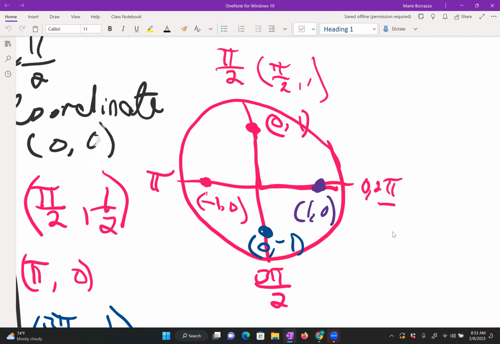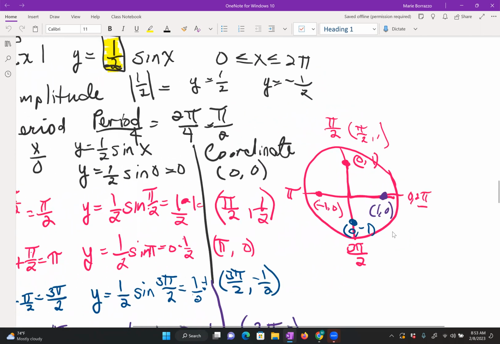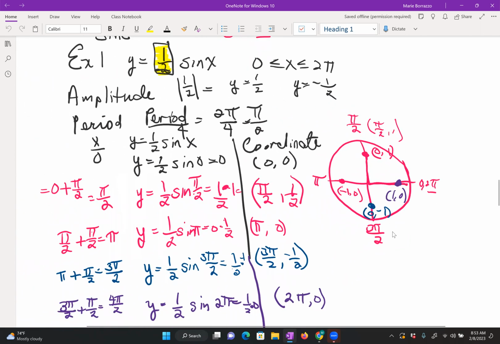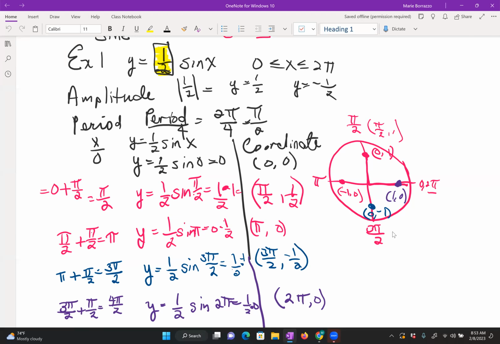So what I want to draw is the connection between these two. We start with y equals 1/2 sine x, the graph that we started with yesterday, and we're graphing the values from 0 to 2 pi. How do we do this if we don't have technology and we just have paper and pencil?